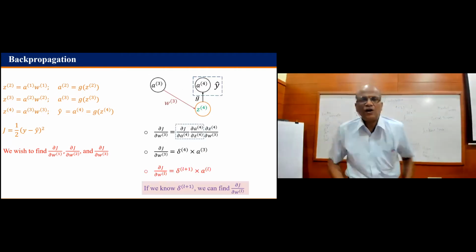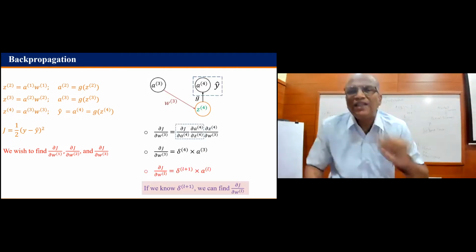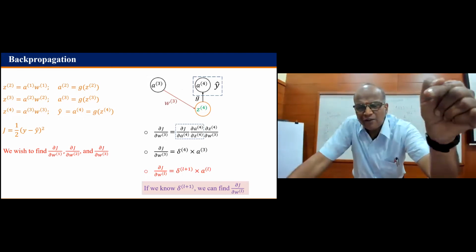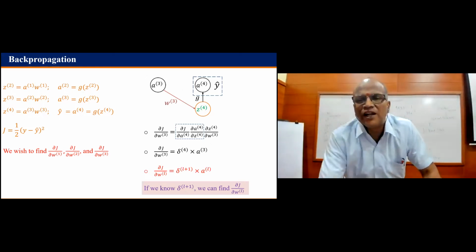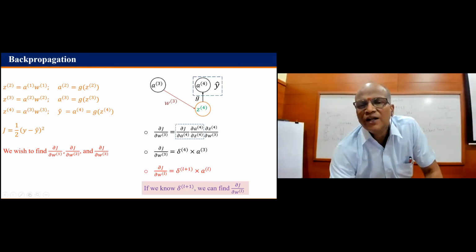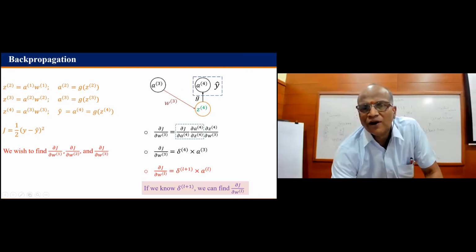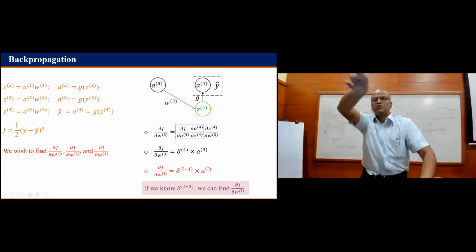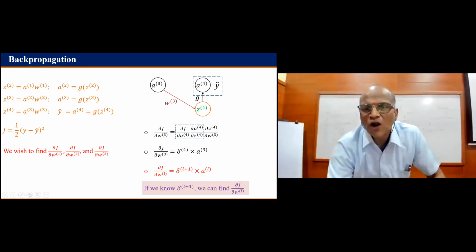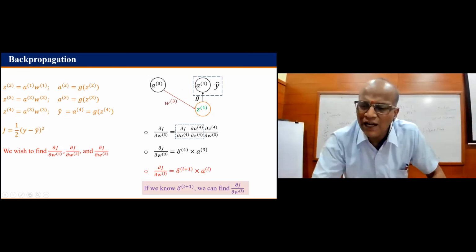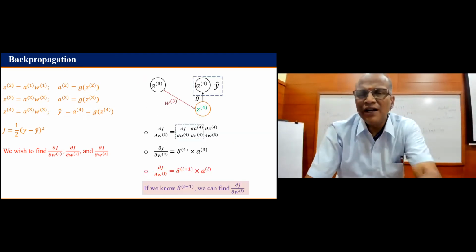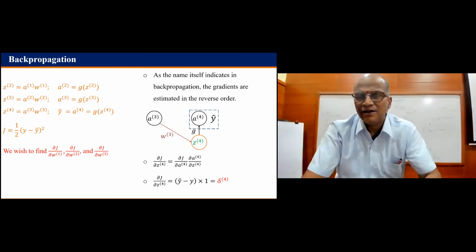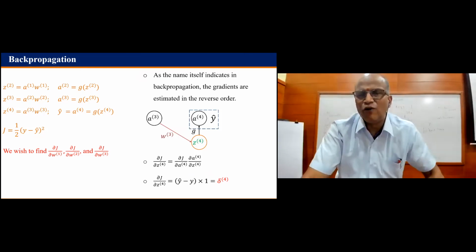All right. Now come to A3. From A3, there is a weight W3 which takes it on to Z4. Therefore, dou J by dou W3 is basically dou J by dou A4 into dou A4 by dou Z4 into dou Z4 by dou W3. But whatever is in the bracket is already done, as dou J by dou Z4 is already del 4.